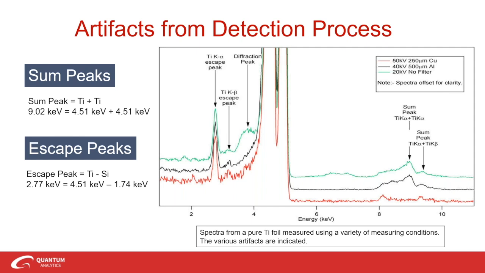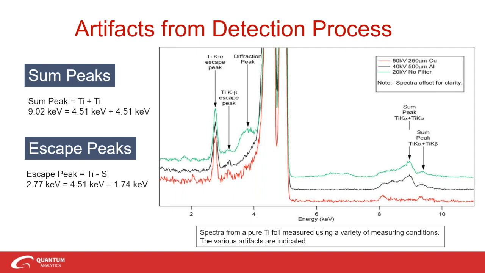Now, an escape peak, this is an artifact peak that appears because of the absorption of some of the energy of the photon by the silicon atoms in the detector. The detector itself is made of silicon, and when the element you're analyzing is combined with some energy absorbed by the silicon, now you're doing a deduction.